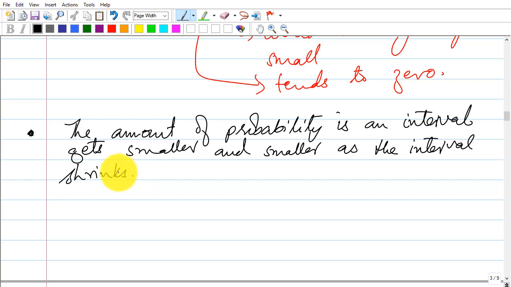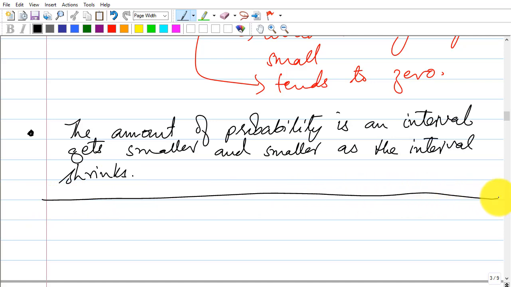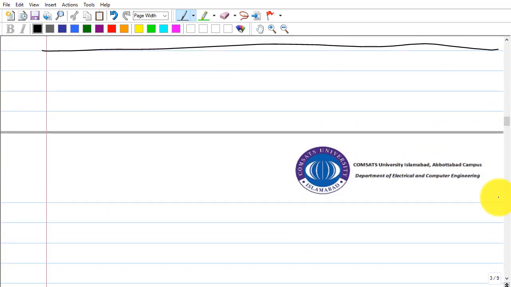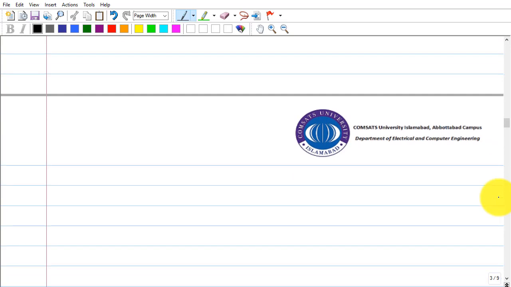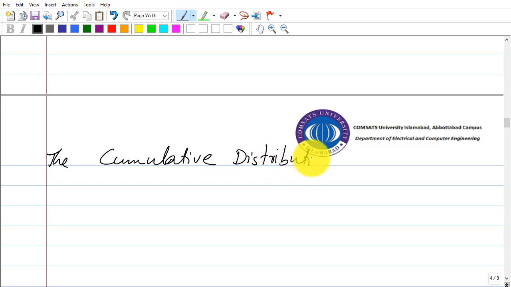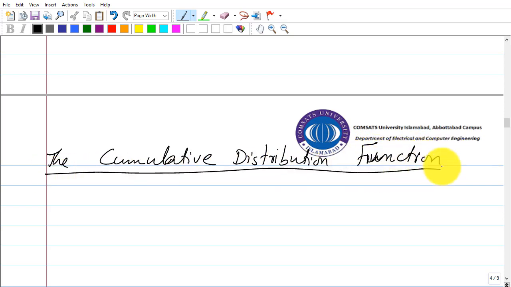It's very convenient for the continuous random variable to start working from the cumulative distribution function. As we discussed the CDF in the previous chapter, the CDF is a function that is defined for both discrete and continuous random variables.